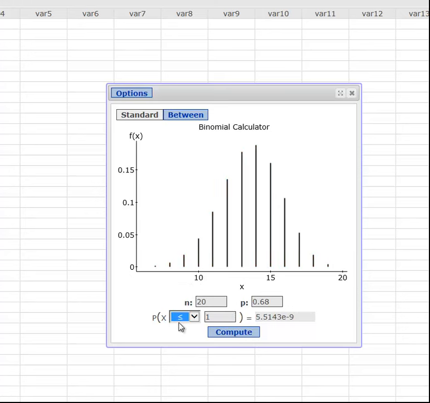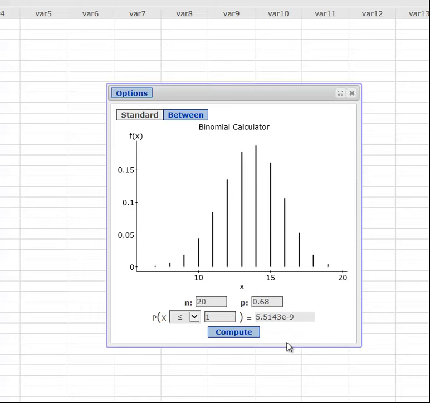At most 1 includes the 1, so I'm going to change that sense of inequality to less than or equal to, and then compute. It already did it. Again, I have a really small probability, about 5.51 times 10 to the negative 9.